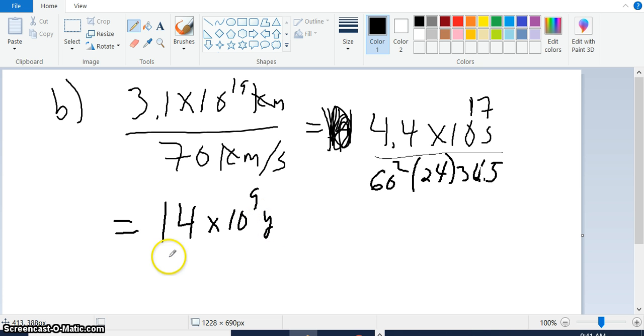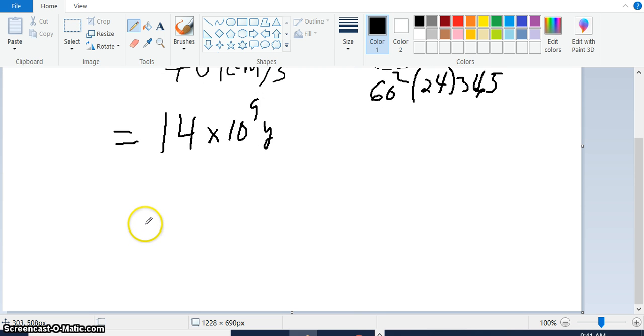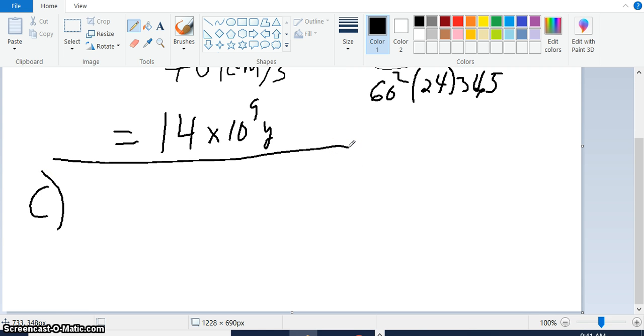All right, and then let's do the last one, part C, where suppose the Hubble constant was 80. So here's part C. So we're going to use H equals 80, just to remind ourselves. All right, so again, it's the exact same calculation.